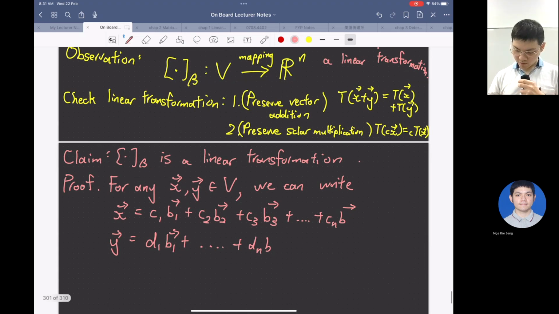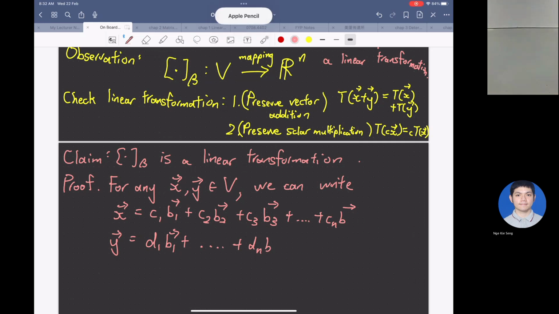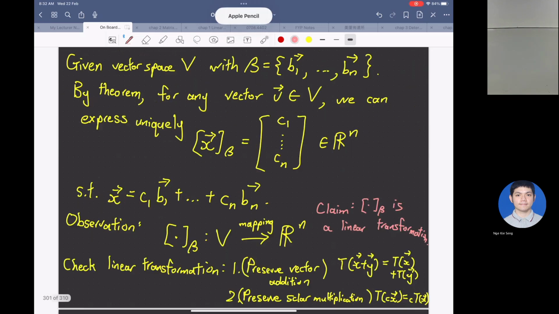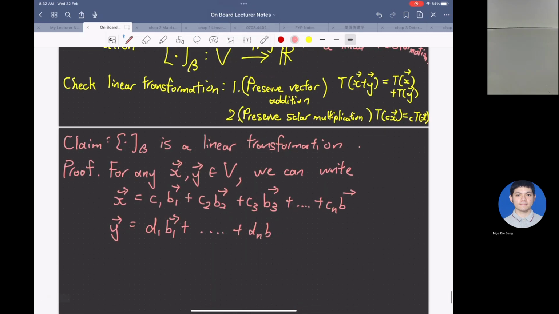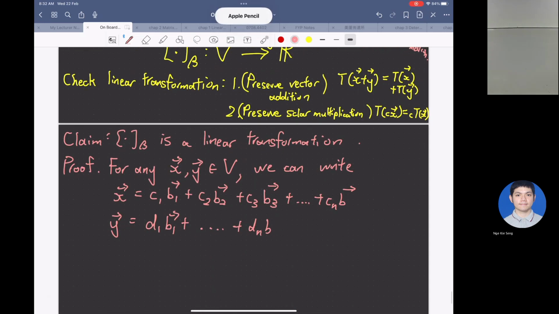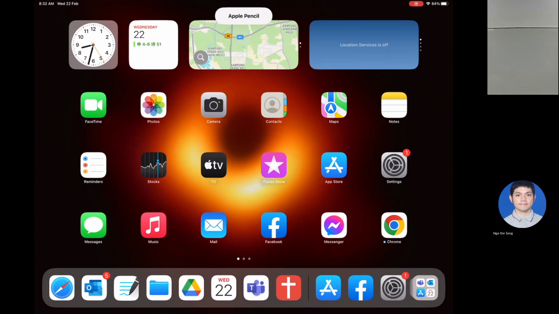I think the tablet got something wrong. Let me check. Suddenly disconnected.